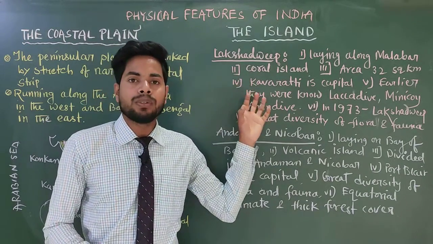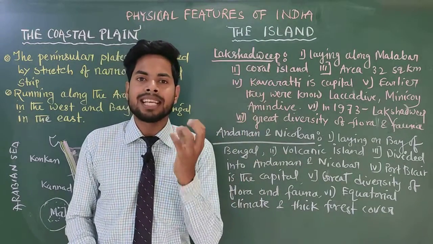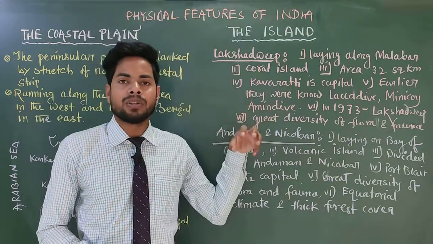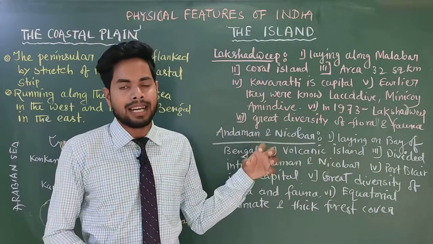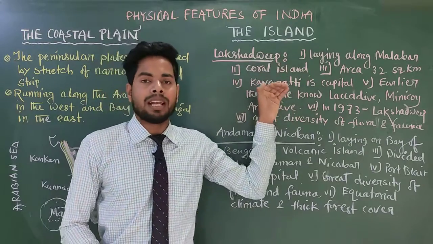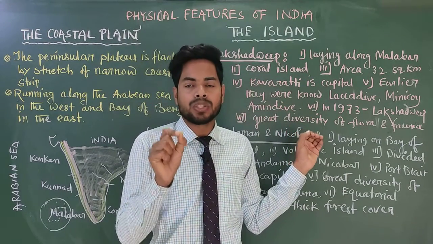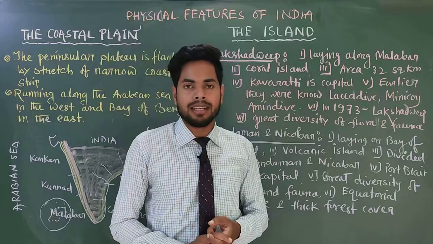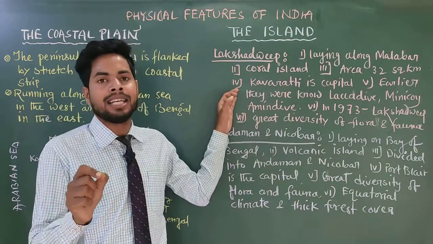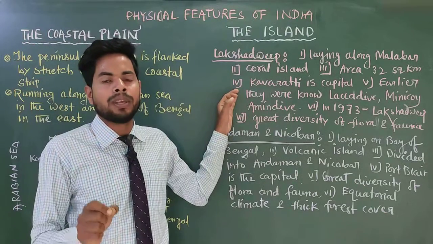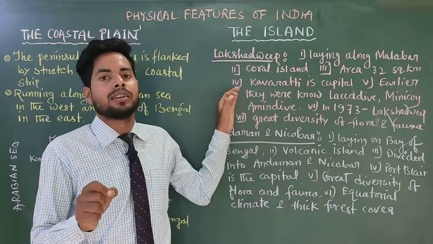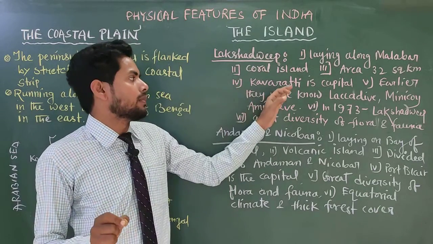It formed due to the deposition of the dead cells of coral polyps, which is why this island is known as a coral island, or of coral origin. Third, the area of Lakshadweep is 32 square kilometers, and Kavaratti is the capital, the administrative head office of Lakshadweep.